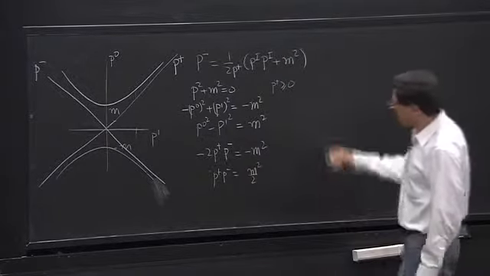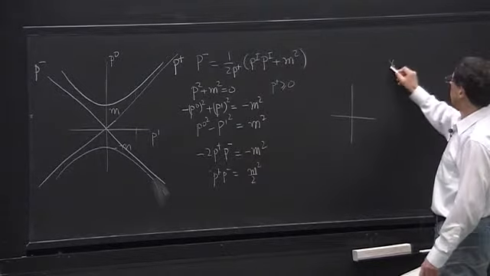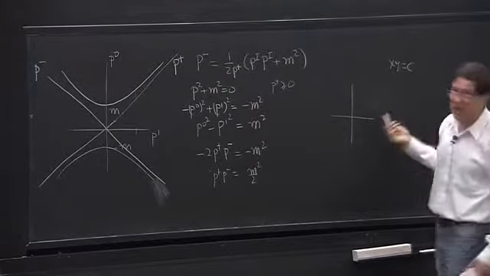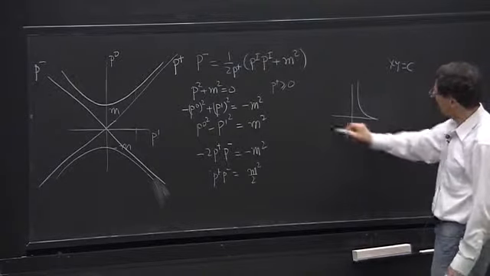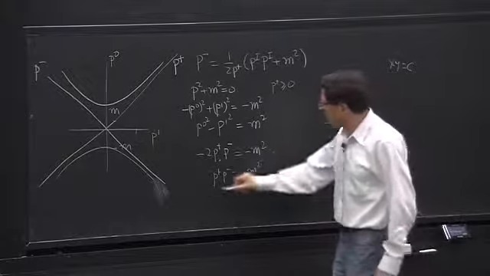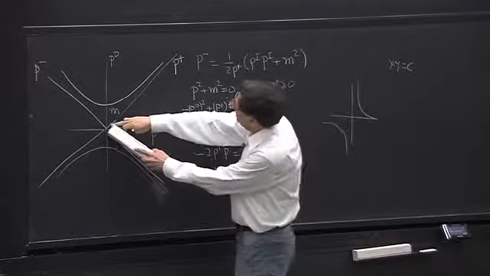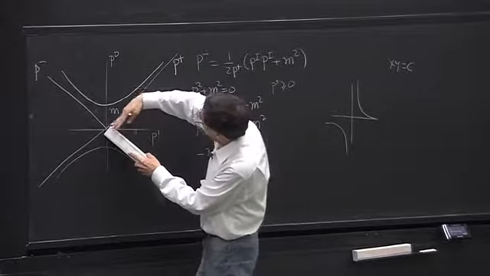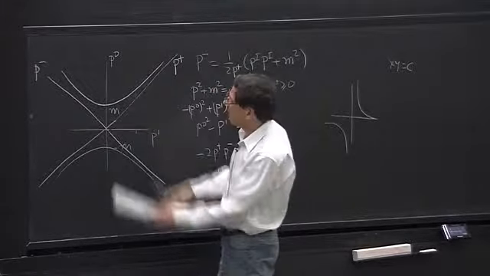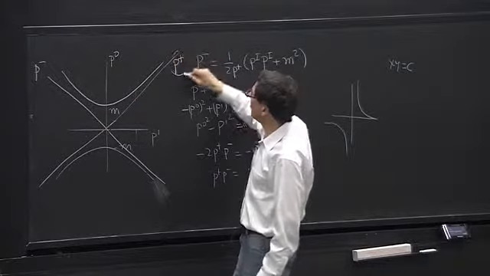And you remember, that's also the form of a hyperbola. If you have xy equal a constant, you do get 2 branches. You get this and this. So this equation has 2 branches. And if P plus is positive, you get this whole branch. This whole branch of these positive energy solutions are with P plus positive.